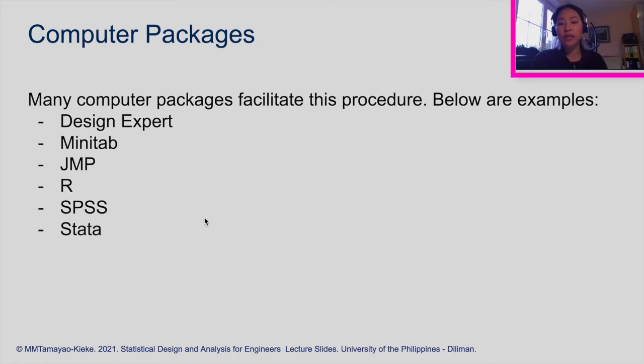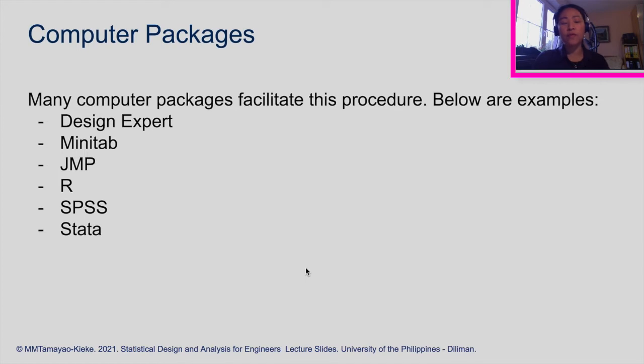Now, of course, as mentioned several times in previous lectures, you can use several different computer packages to facilitate the procedure of analyzing factorial designs. These are some of the examples: you have Design Expert, Minitab, JMP, SPSS, and Stata.